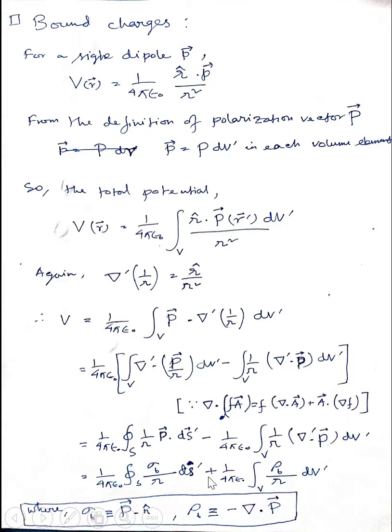So now you can see that the potential can be expressed in terms of a surface charge density and a volume charge density. From where have these charges come? They are due to polarization. In Griffiths, please look at the physical significance of these bound charges.